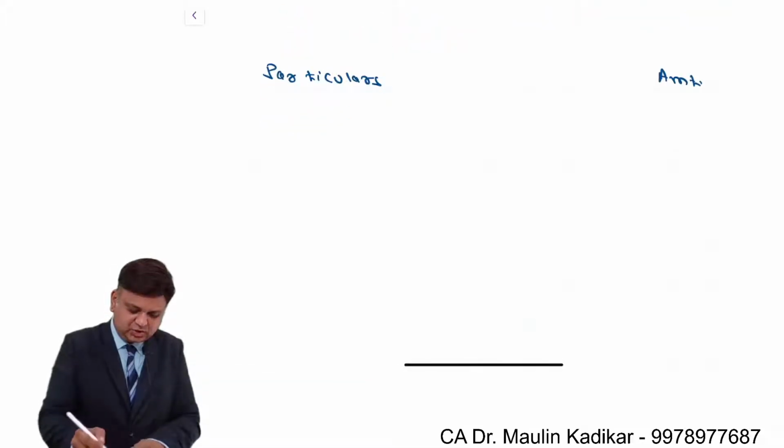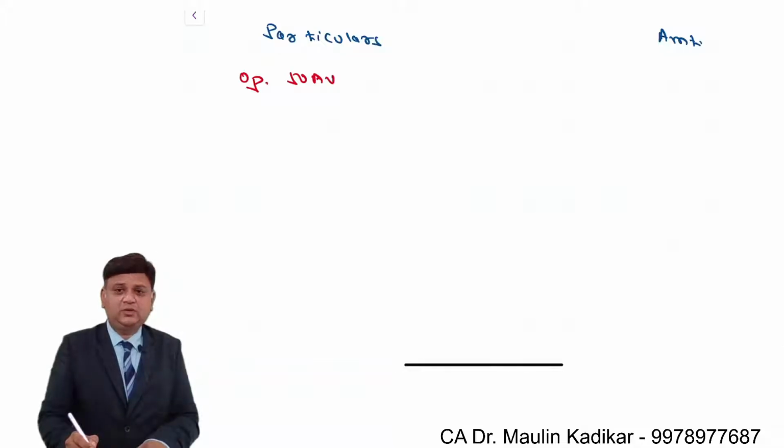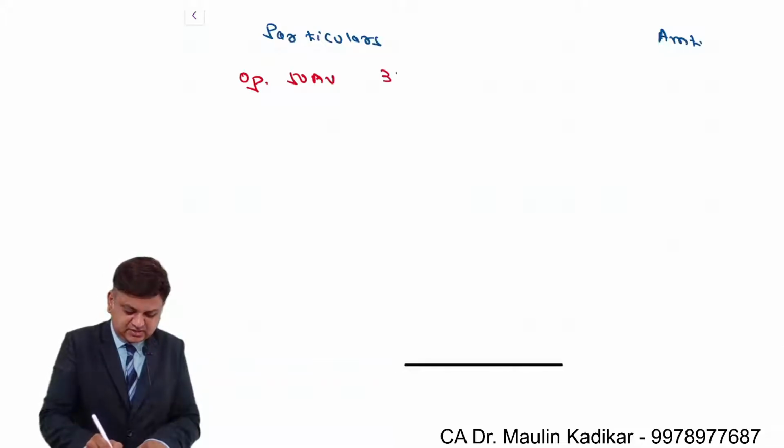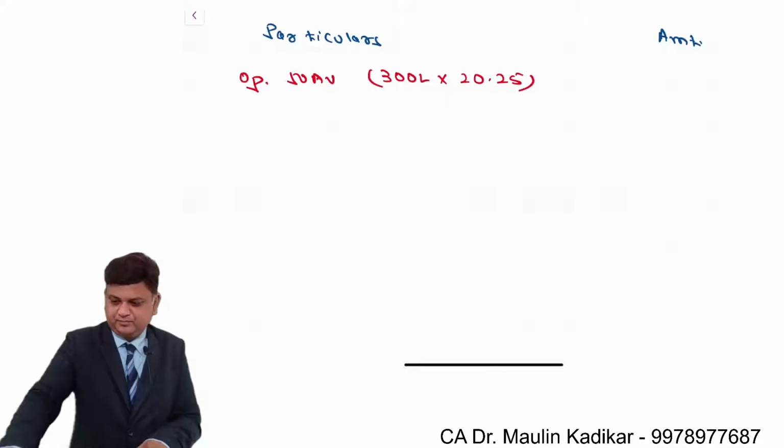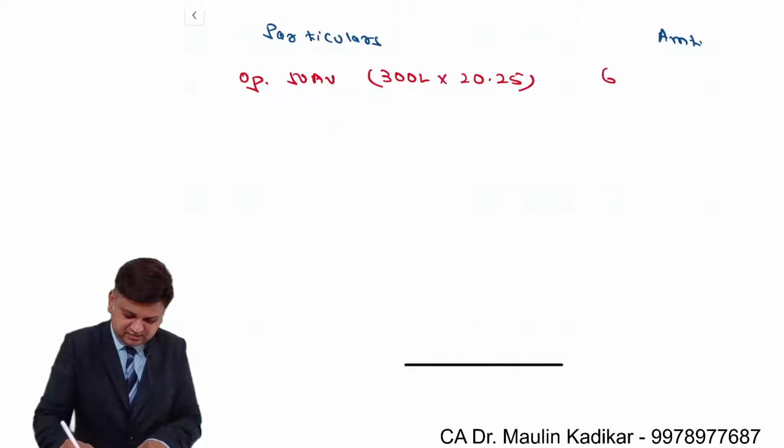In the particulars column I am writing opening NAV. Dear students, we know that it is 300 lakhs and NAV per unit is 20 rupees 25 paise. That comes to 6075 lakhs.